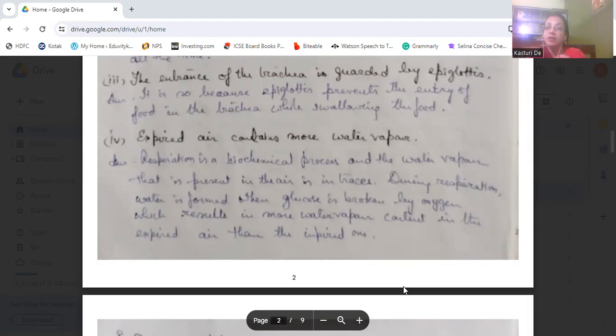So that water remains in the expired air as water vapor. Therefore, the expired air contains more water vapor than the inspired one.